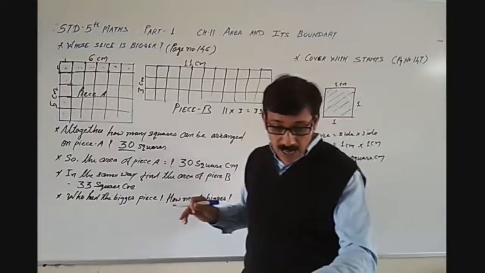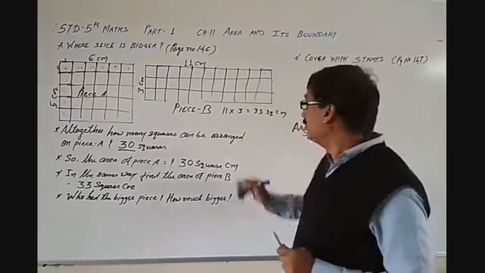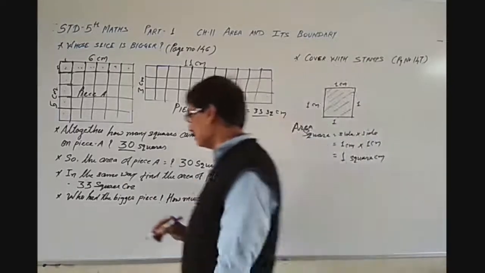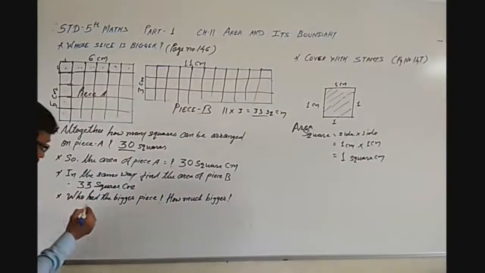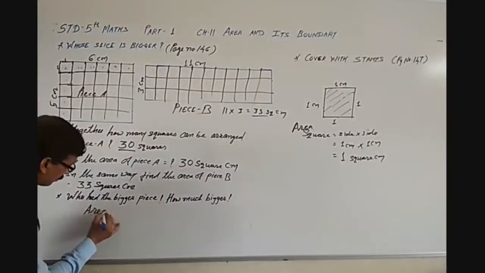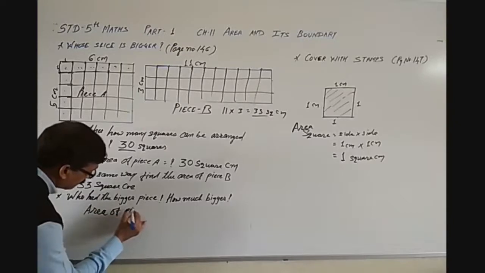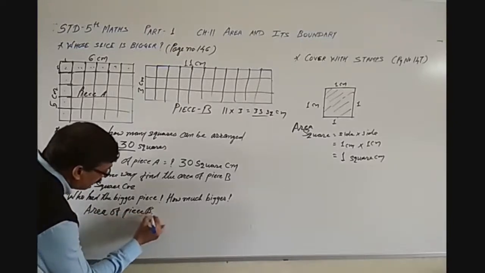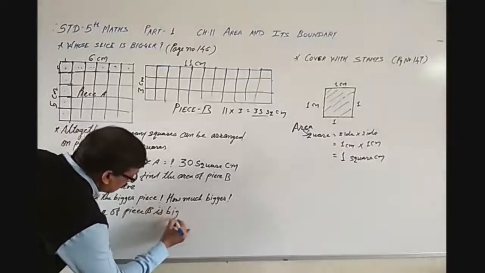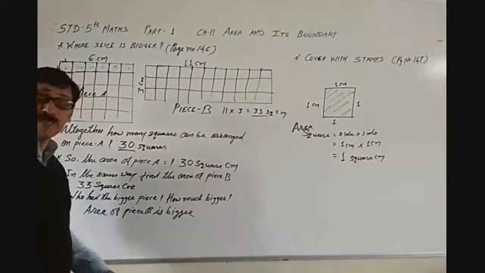Now how much bigger? Suppose the area of piece B is, now how much bigger?